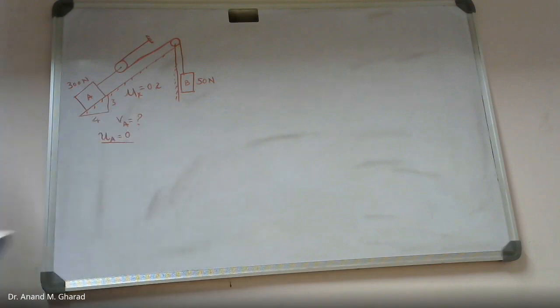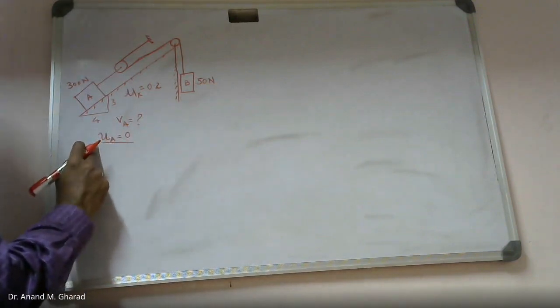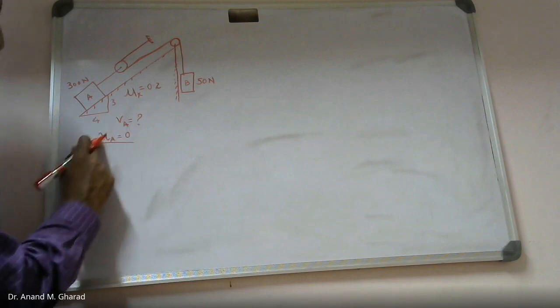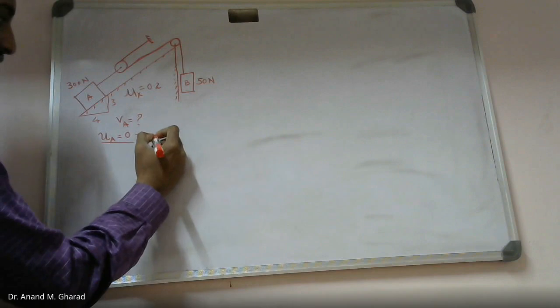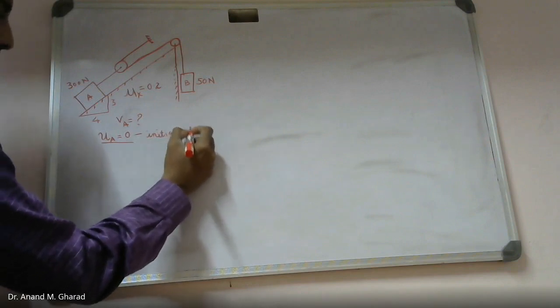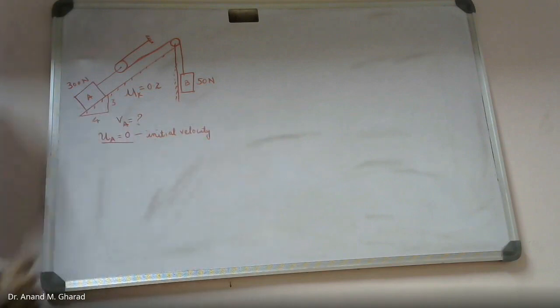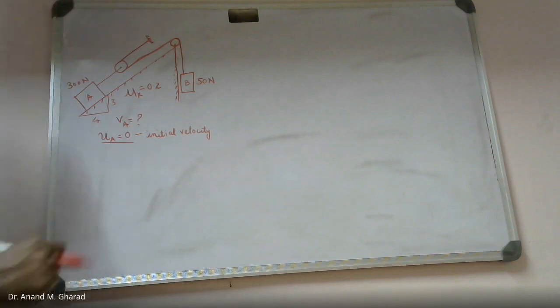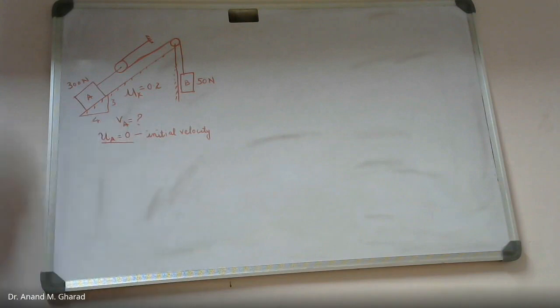So what we will do is we will notify the final velocity and initial velocity as VA and UA respectively. Okay. So UA is your initial velocity. And VA, let it be final velocity. Instead of that dash and all, we will say that U represents the initial and V represents the final velocity.